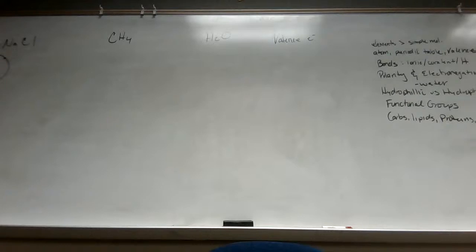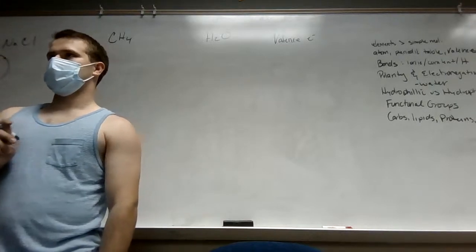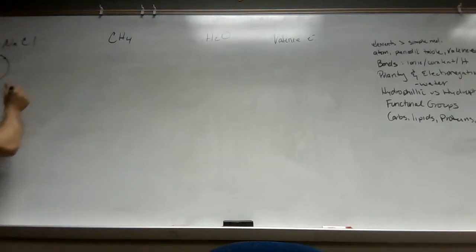Does that make sense? We're going to say Na, one electron. How many valence electrons does chlorine have? 7. So we say 7 for chlorine.